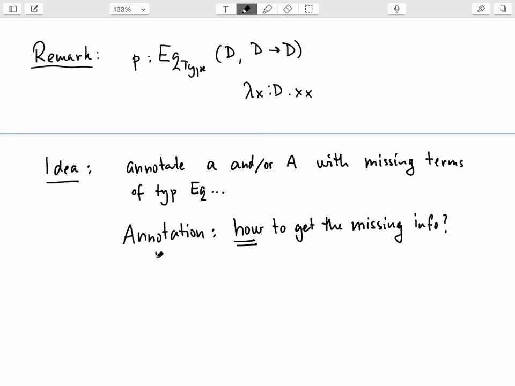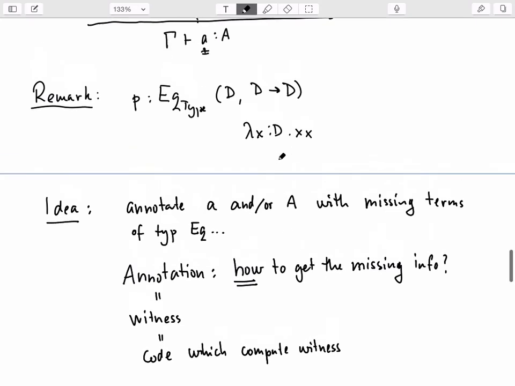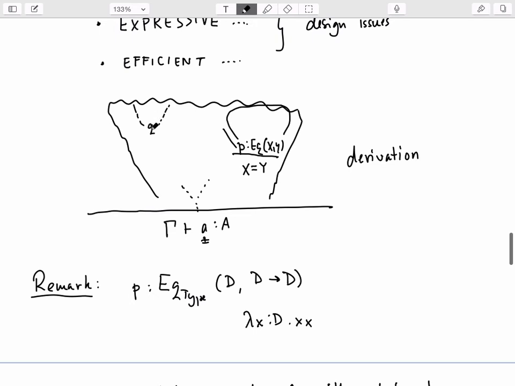So the annotation is code which computes the witness. For example, a trivial piece of code would be code which immediately returns this witness Q. And then I have it. But maybe it's code which is more general.